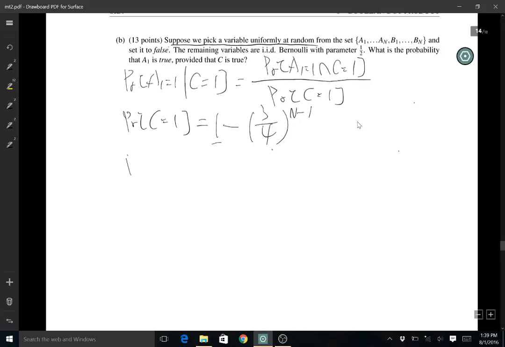Okay. Now let's break the probability that A1 equal to 1 intersect C equal to 1 into three parts, depending on what D is. Okay, let's define D first. D is the random variable chosen to be set to false.